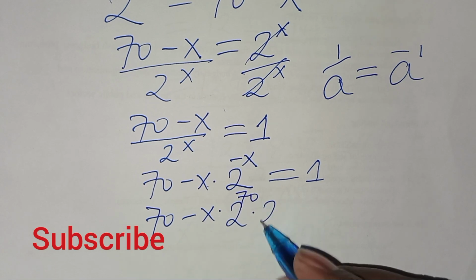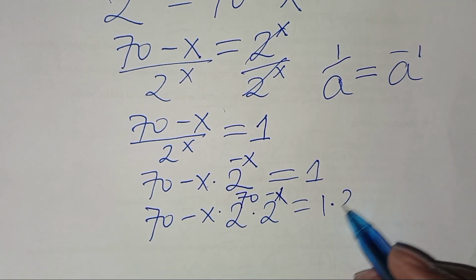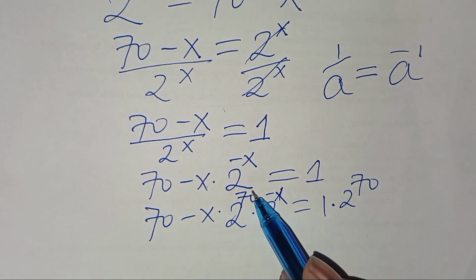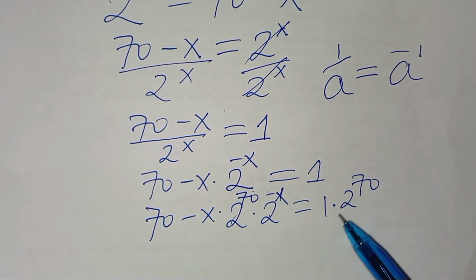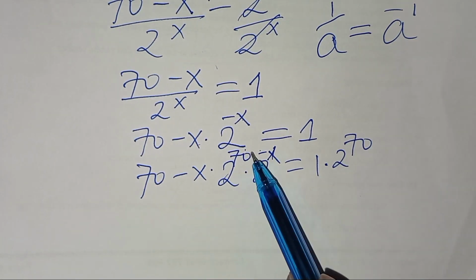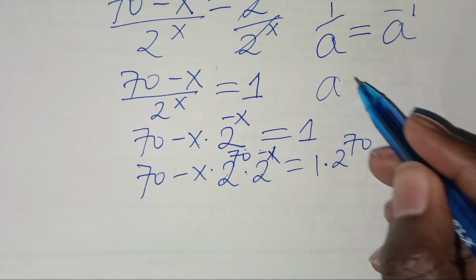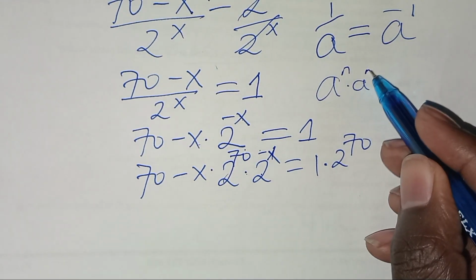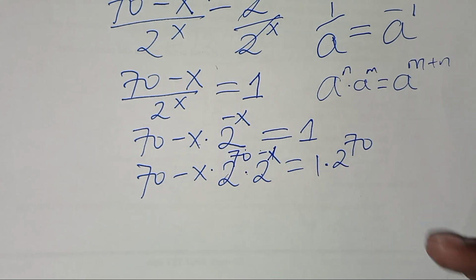Now we'll have 2 to the power 70 multiplied by 2 to the power negative x, this is equal to 1 times 2 to the power 70. You can see clearly 2 to the power 70 times 2 to the power negative x is in the form of a to the power n multiplied by a to the power m, which we can express as a to the power m plus n.